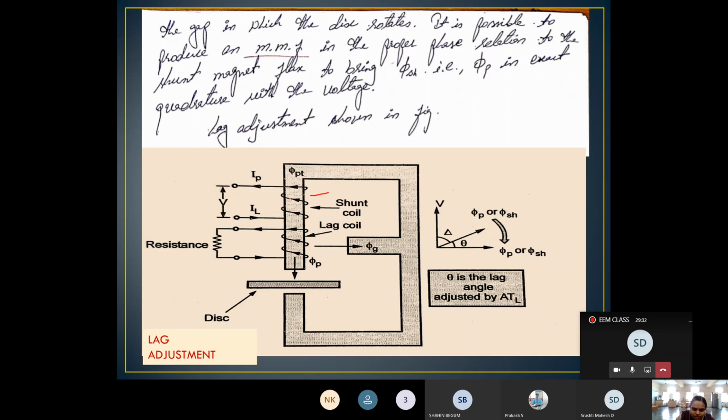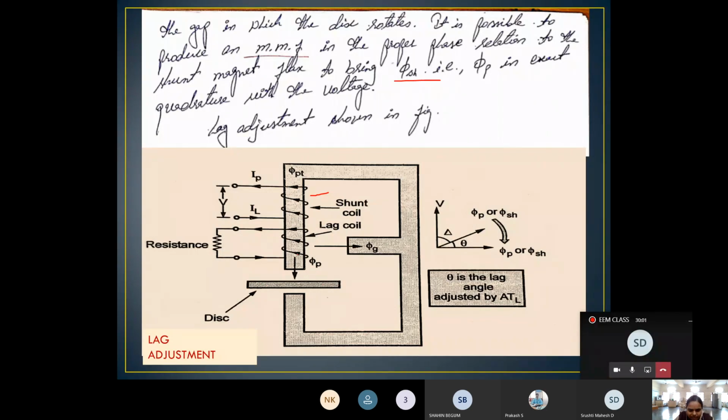From this flux it will produce the IL due to the resistance, which is the internal connection. This is your lag coil, it is there in the circuit. The extra coil we are going to use here is the shunt coil. Due to the shunt coil the magnetic shunt flux is generated, that is taken here as φSH. Here it will be φP, and this is our disc.